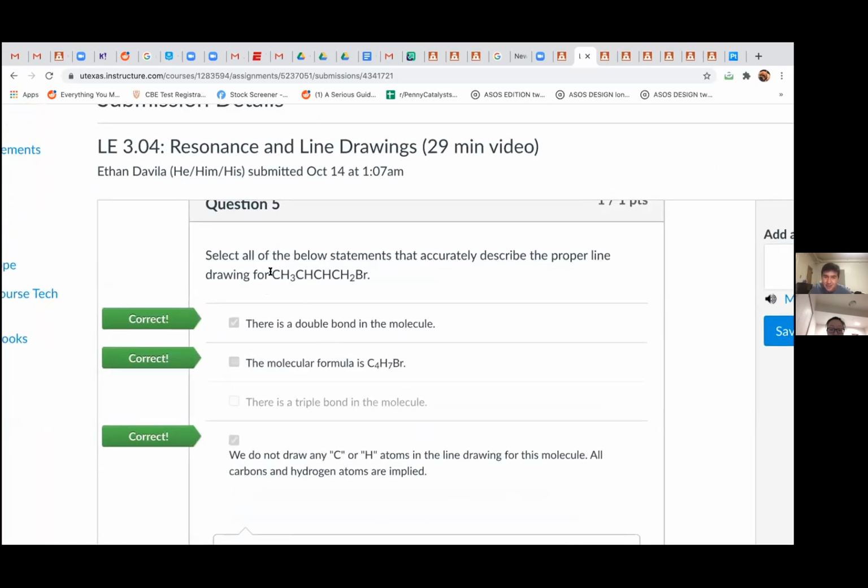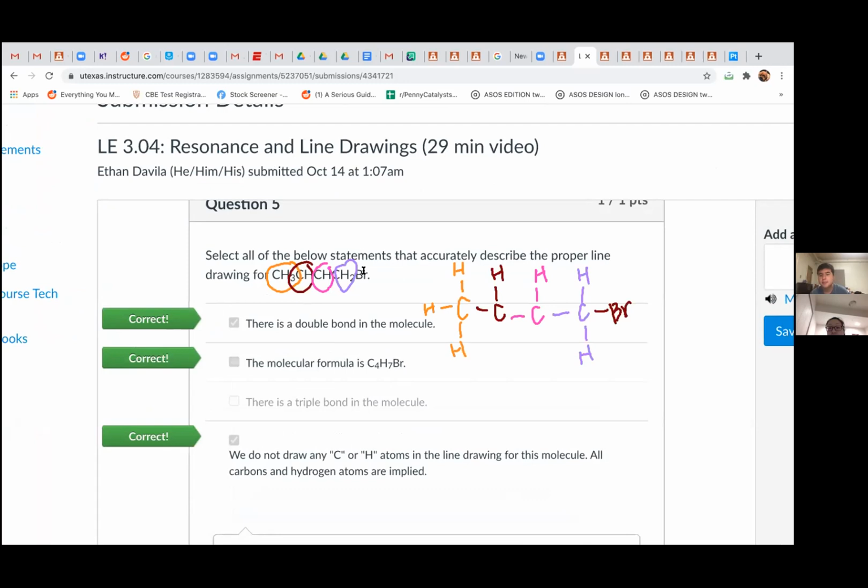Ooh, how do you draw this? In a line draw? Yeah, so usually this CH3 is this. This CH is this. That CH is this. CH2, and then the Br, right?